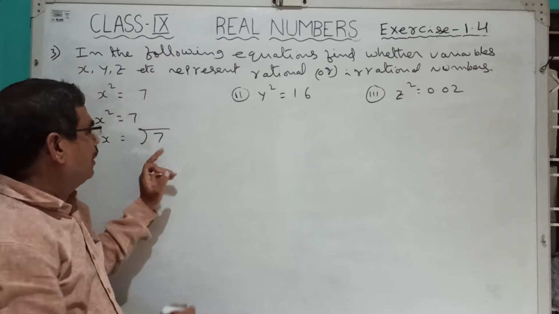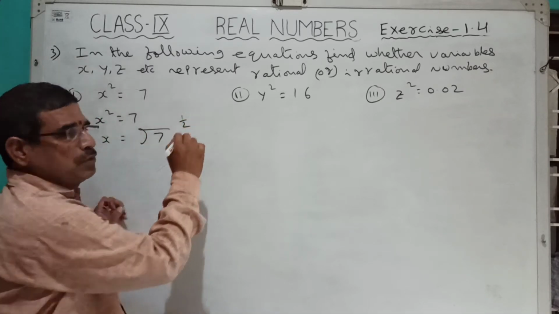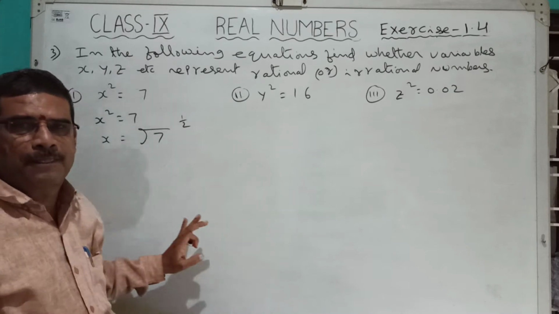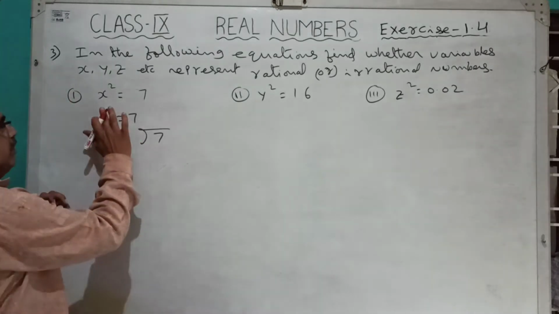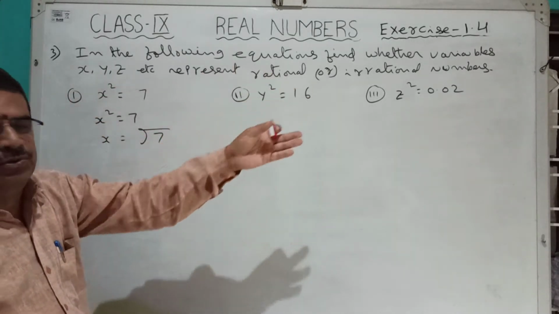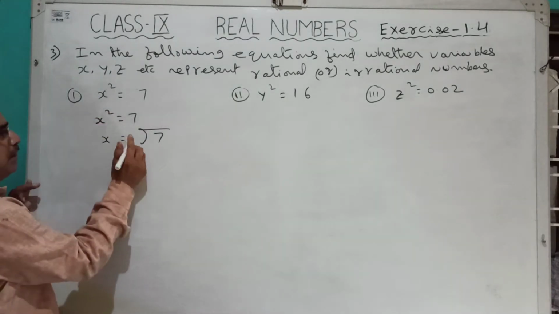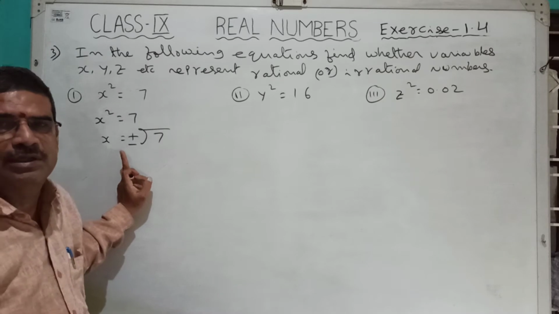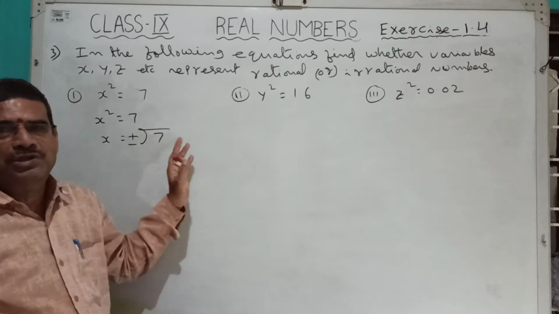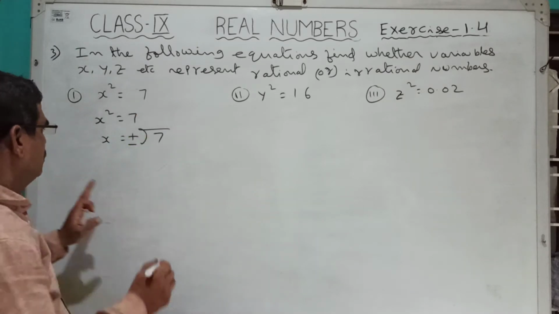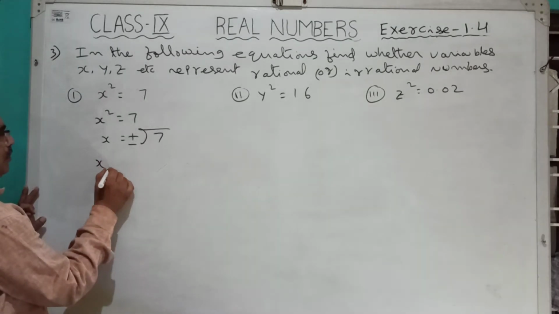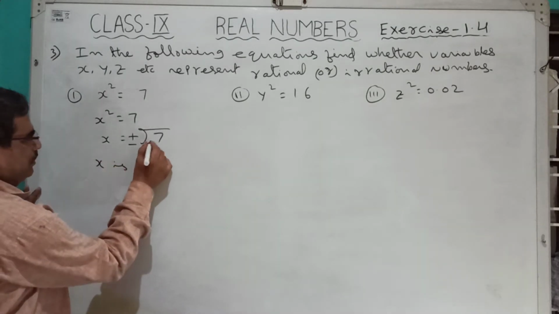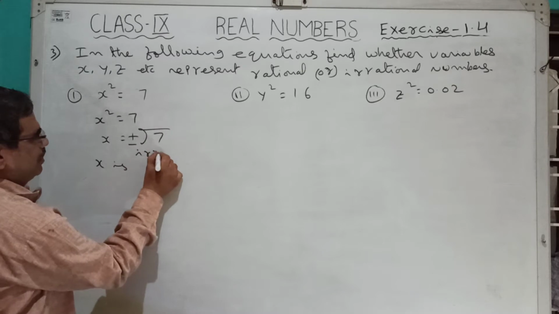Square root or power 1 by 2, both are the same. The square's opposite is the square root. So there are two values, one plus value and another minus value. But we know root 7 is an irrational number. So x is an irrational number.